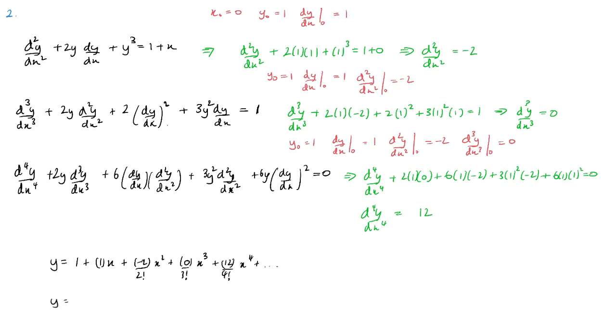So that is y equals 1 plus x minus x squared plus 0, and then 12 over 4 times 3 times 2, so that's going to be a half x to the power 4 over 2. And that there is my series.